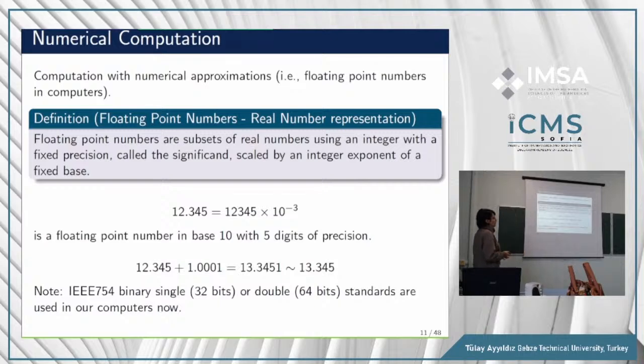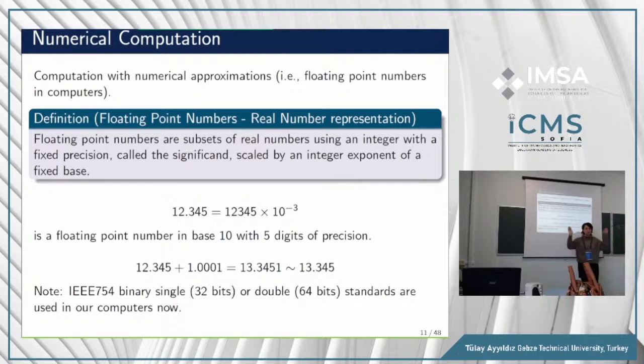In the standard computers we have, we use a standard called IEEE 754, and our computers now are usually 64-bit. It means we have double precision. In those bits, if I remember correctly, there is 1 bit for the sign, plus or minus, 52 digits for the significand, and 11 for the exponent. Yes, it's 11. 52 plus 11 plus 1 is 64.